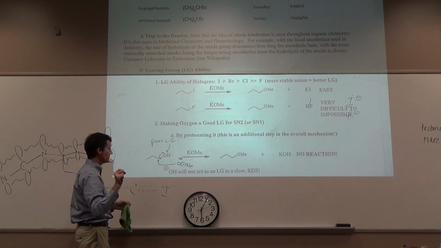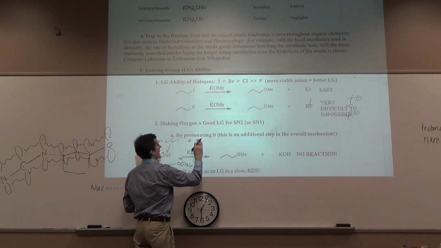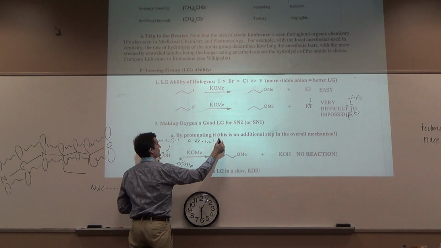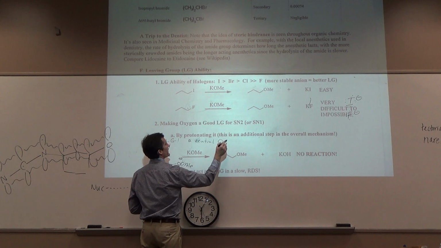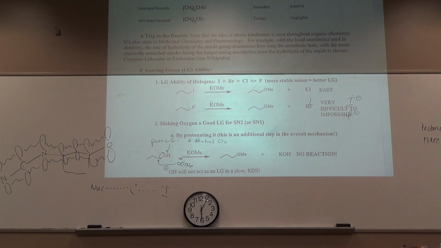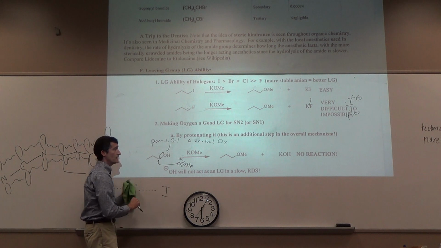In the neutral state, as a neutral oxygen. Sometimes I wish oxygen was OX, because a lot of times when you write an O, it looks like, is that really it? We're going to just draw a circle. So I'll call it OX. Okay, poor leaving group as a neutral oxygen.